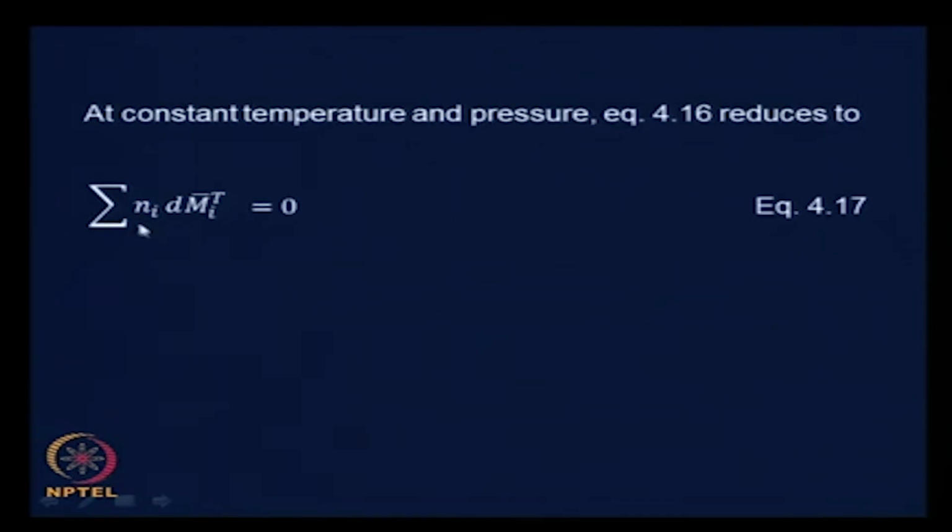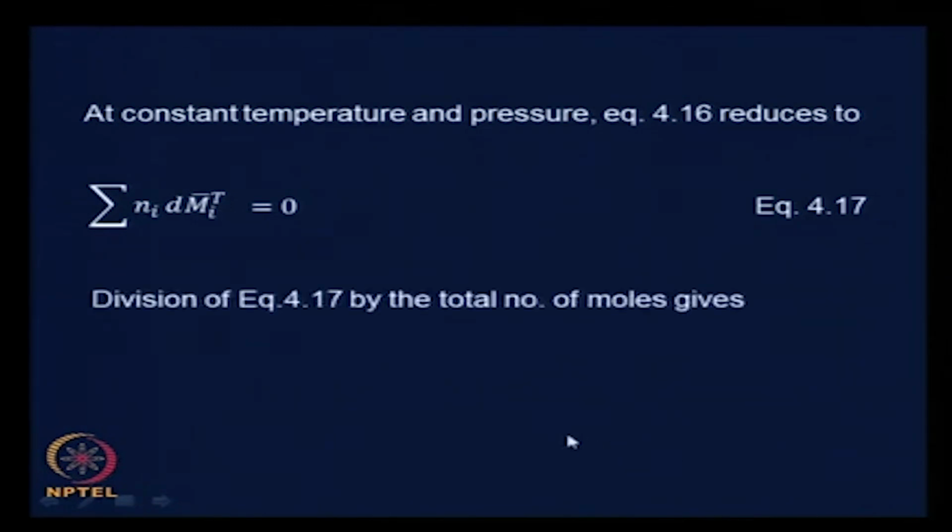And we got this particular expression, which is a useful expression to have: sum over n_i d M_i hash equals 0. And if you divide this expression, equation 4.17, by the total number of moles, we got sum over x_i d M_i hash equals 0. This is a very useful expression to have. This is equation 4.18.